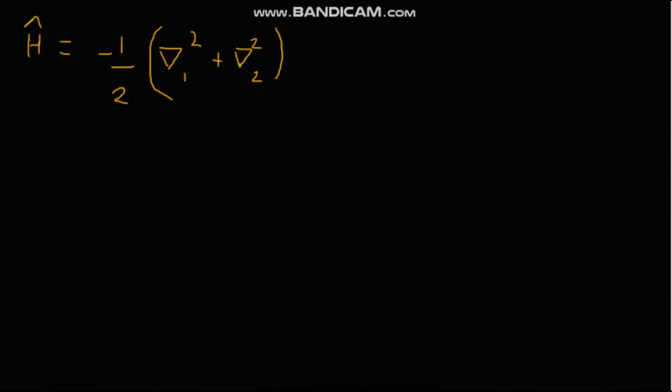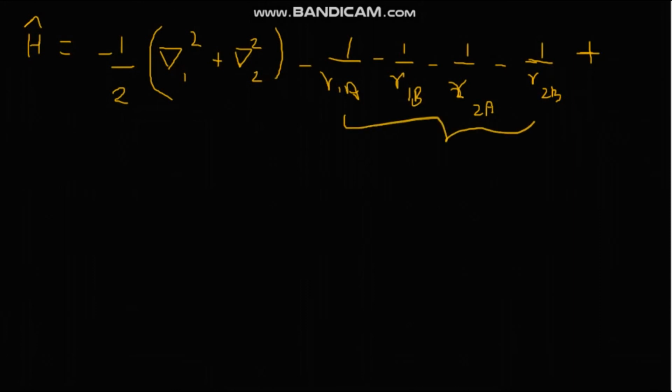And they will be simplified into 1 by r1a minus 1 by r1b minus 1 by r2a minus 1 by r2b, and then plus, because we have included all the four attractive energies. Now we go to the repulsive energy.